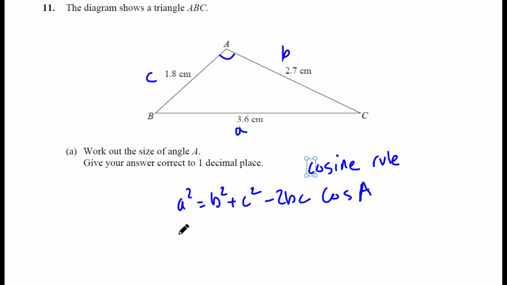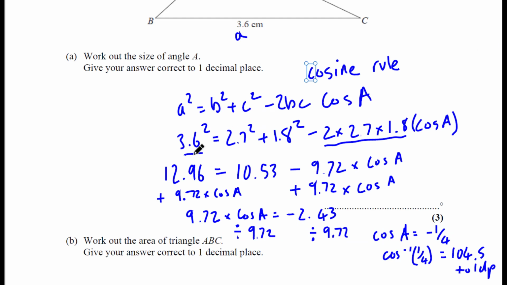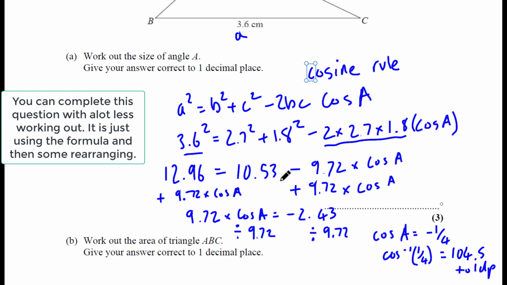So just on your calculator, you'll just do 3.6 squared equals 2.7 squared plus 1.8 squared minus 2 times 2.7 times 1.8. Now on the calculator you just want to work out this bit separately and work out all this. So substitute all the values in, work out each side.